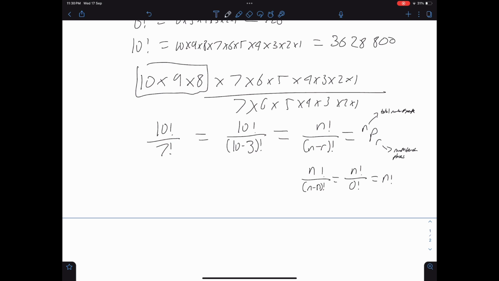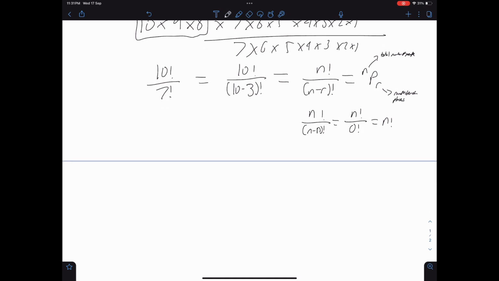But it's helpful to think that there is one way to arrange 0 objects. This function can be done on a calculator, by the way. And this can also be done for arrangements of letters.